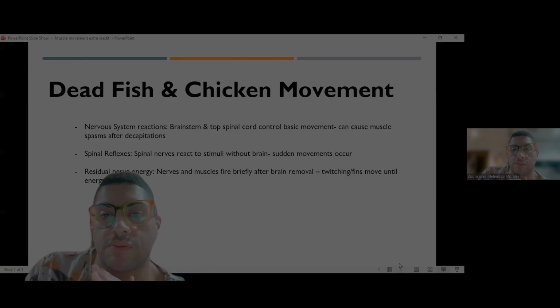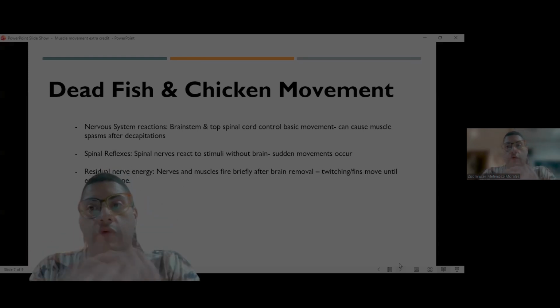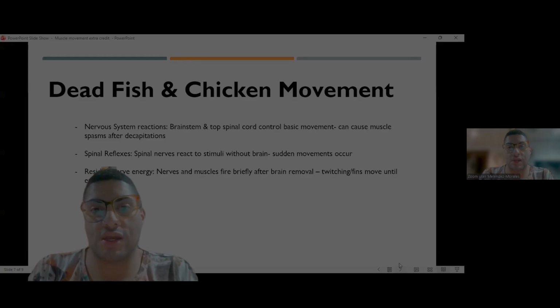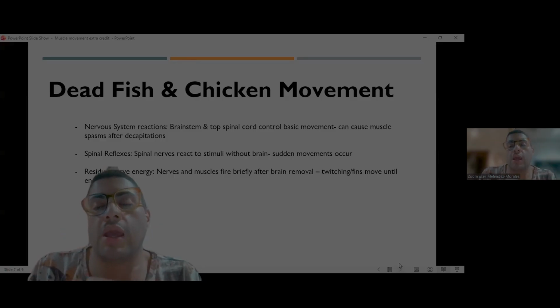There are still nerves and muscle fibers firing motions to move, right? The spinal cord is still storing all of that residual energy, which can cause some muscle spasm. So as the lady is trying to grasp the tail to skin the chicken, it goes on high alert, like, hey, something's attacking me, let me try to swim away. But that's just because of the residual nerve energy that is still in play here.